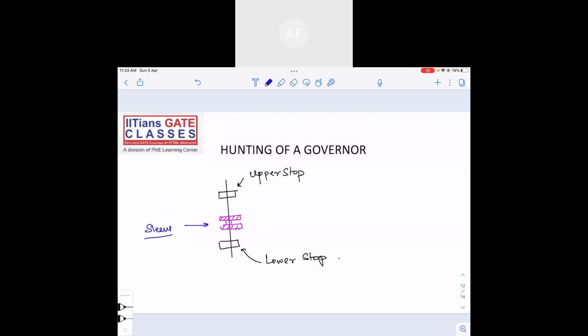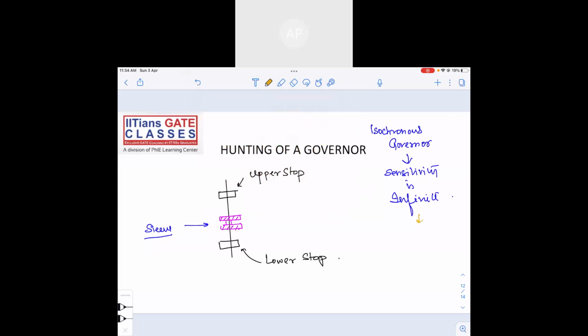Now, for an isochronous governor, we know the sensitivity is infinite. Let me say there is a slight change in speed, a very small change in speed.